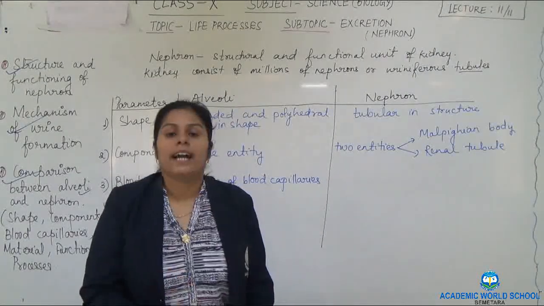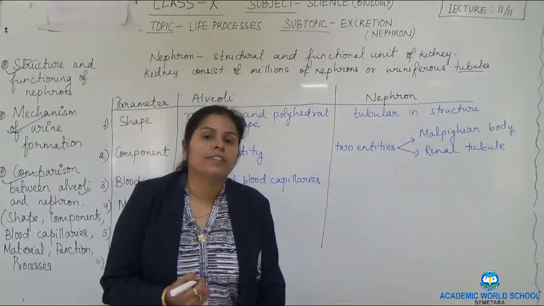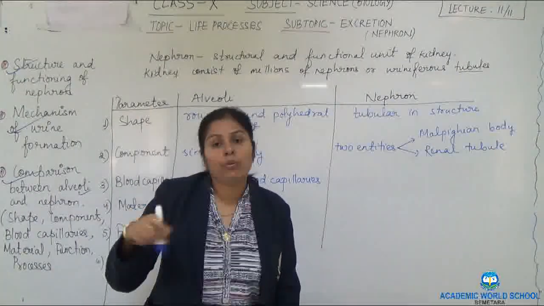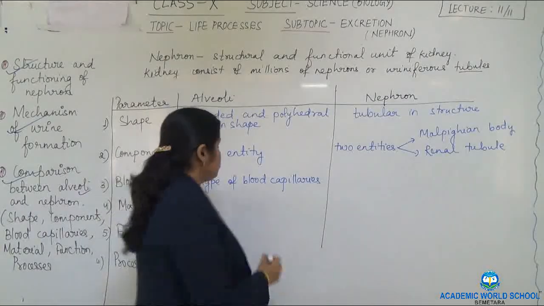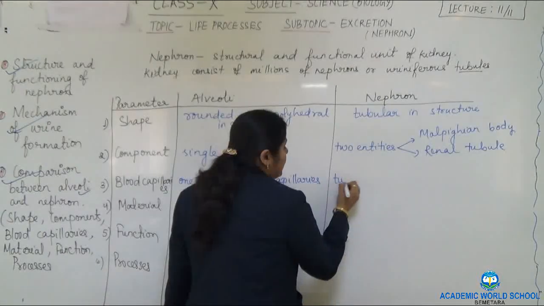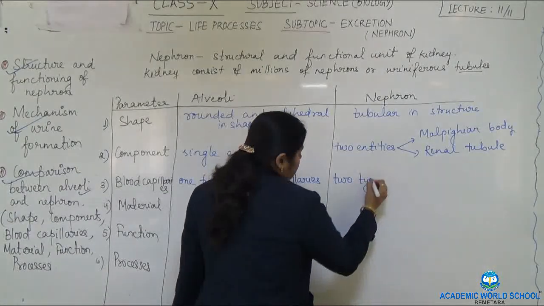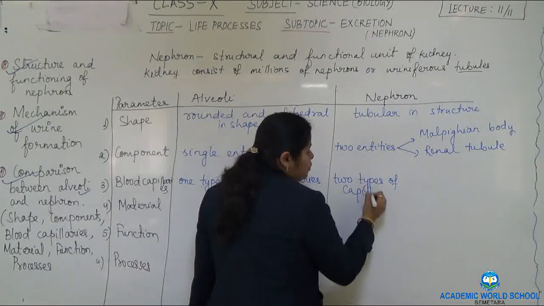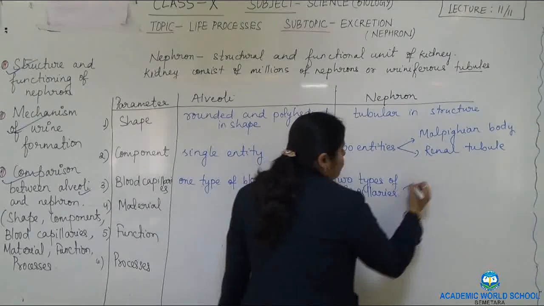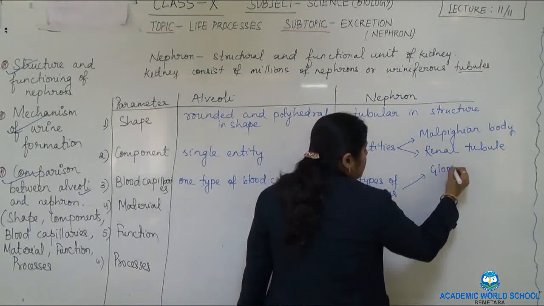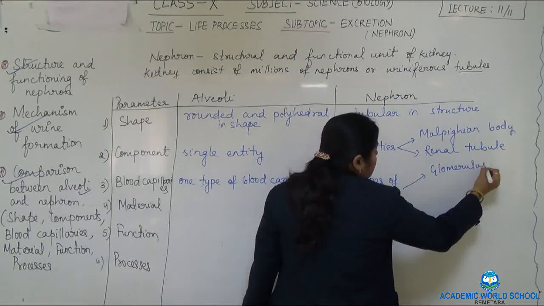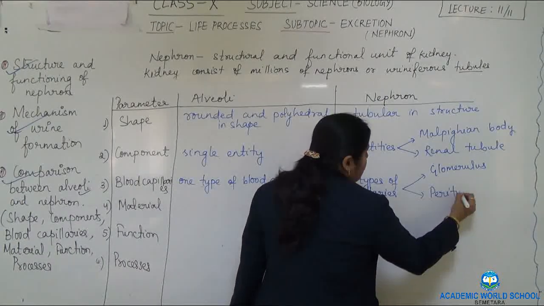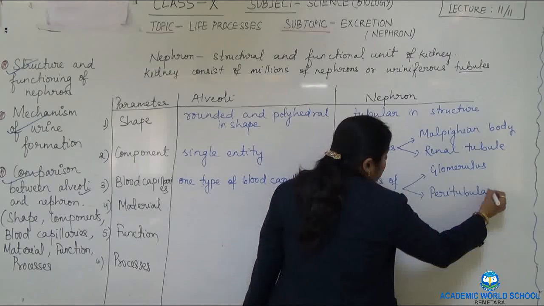Glomerulus is also a kind of capillaries, a tuft of capillaries, and second there were peritubular capillaries which were surrounding the tubes very closely. So here we have two types of capillaries: one was glomerulus and the second one was peritubular capillaries.